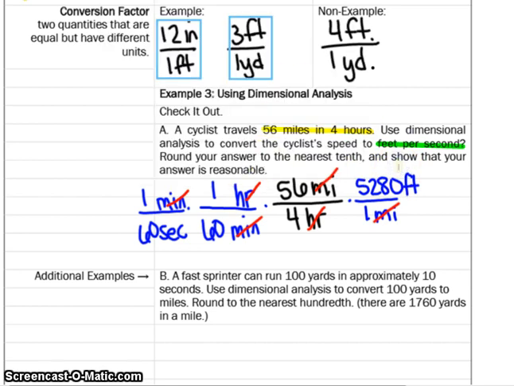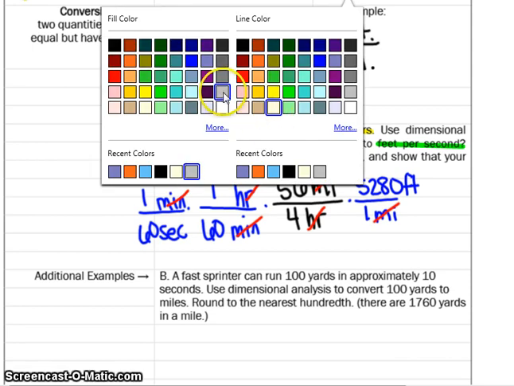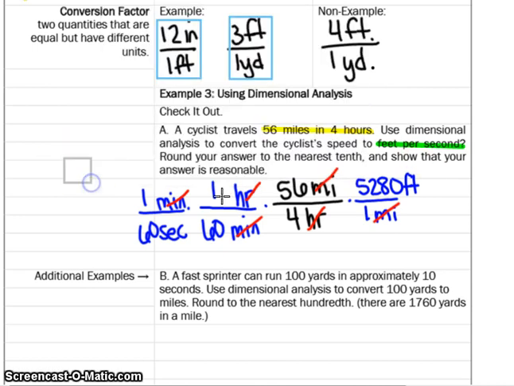Oh, darn. This rectangle is becoming a lot more difficult than it needs to be. Oh, fill color, line color. It's crazy what happens when you read the directions. Fill color, the same color as the line color. Okay, I don't want it to be full. Sorry, guys. Let's see if this is going to work. Now it's going to cover up. Oh, this is frustrating. I'm going to actually have to make the rectangle myself.